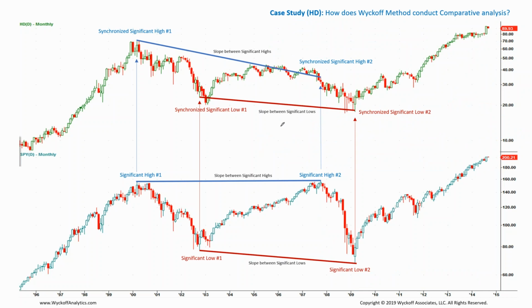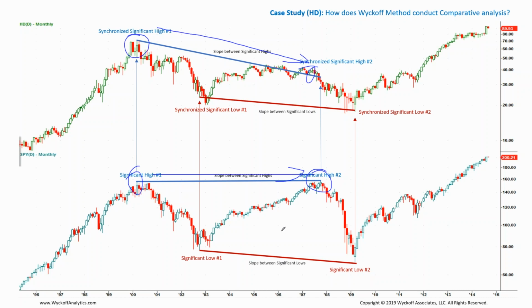So what was Wyckoff looking at? He said to measure this, the outperformance by the stock against the market, we have to compare significant highs, synchronize them, and then look at the next significant high. And look at the slope for the stock and look at the slope for the market.